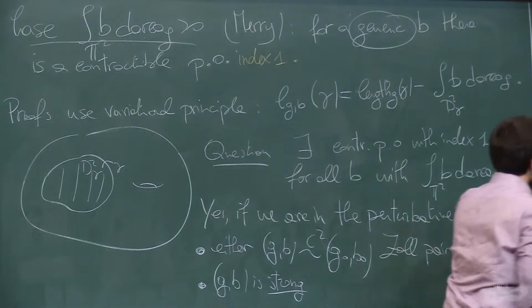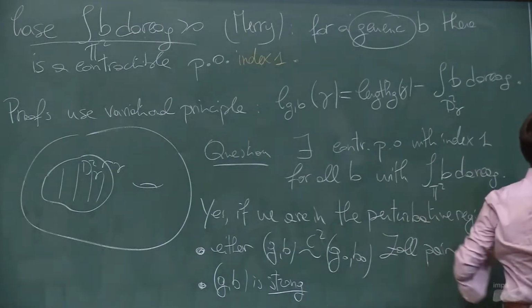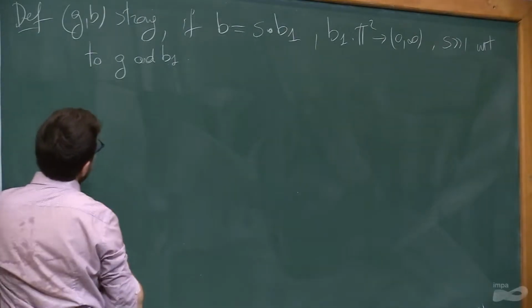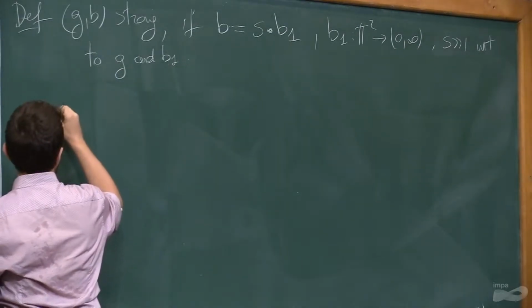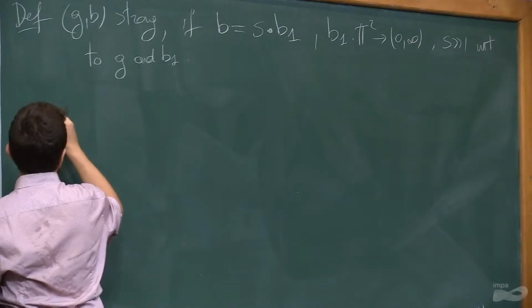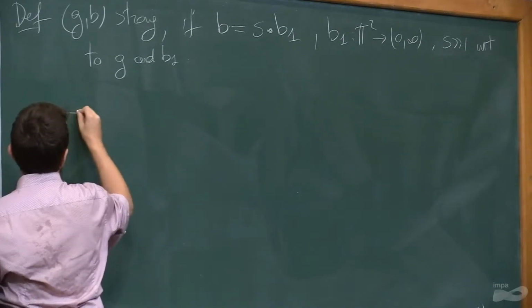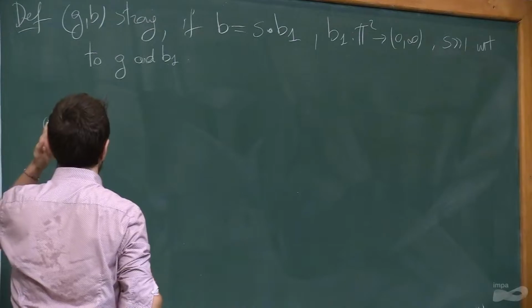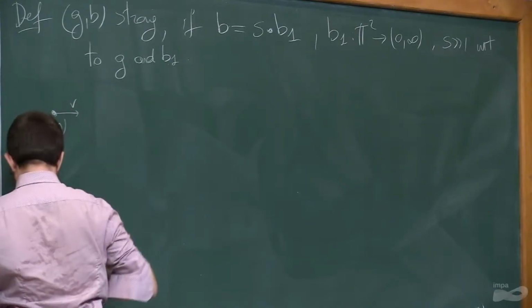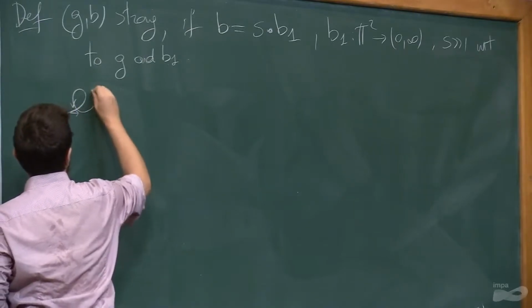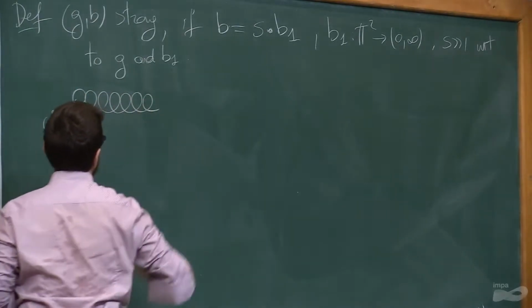So what we have to think about is that in this case my B is very large. So if I start here at a point xy with some direction v, then my orbit will wiggle very fast.